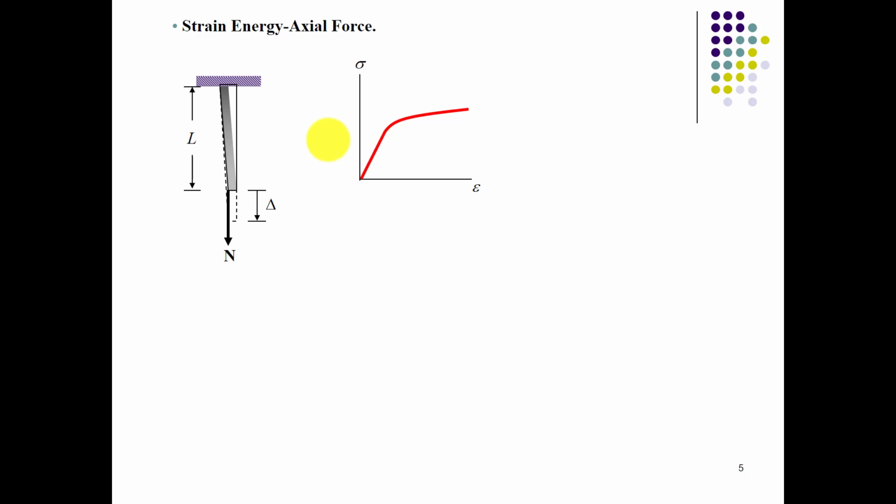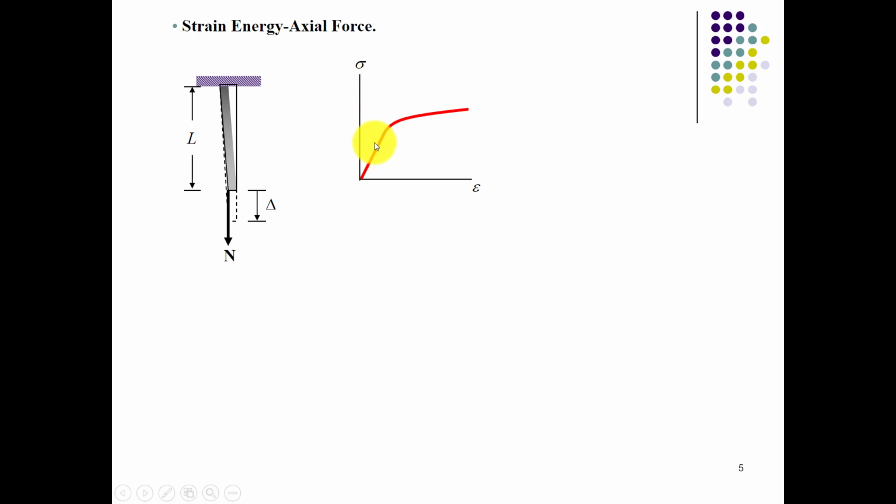So we will consider here the stress strain diagram instead of a P delta curve. The P delta curve is basically a function of the externally applied loading. In case of internal work done or strain energy within the structural element, we'll discuss the stress strain curve.